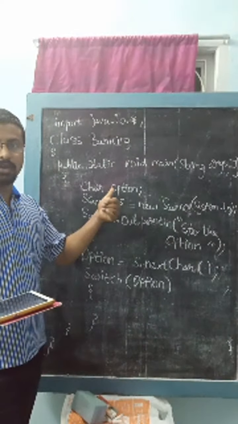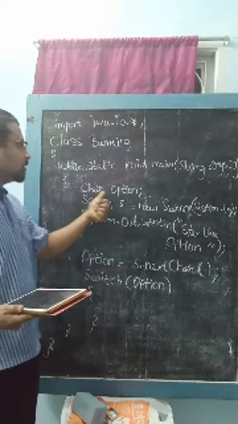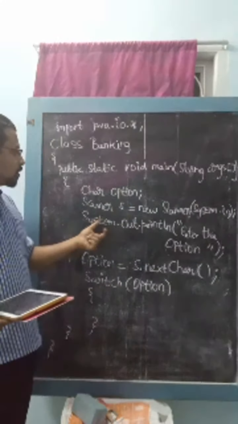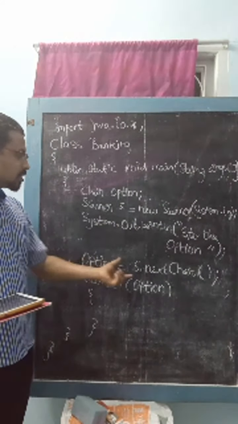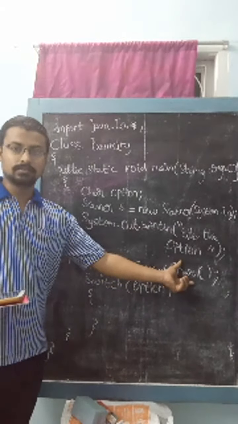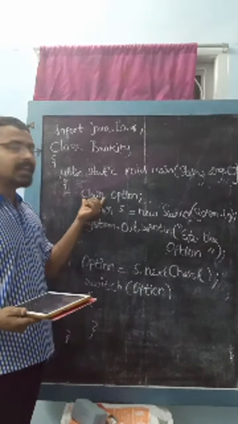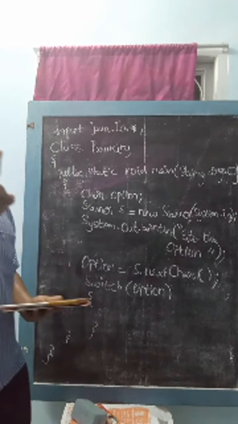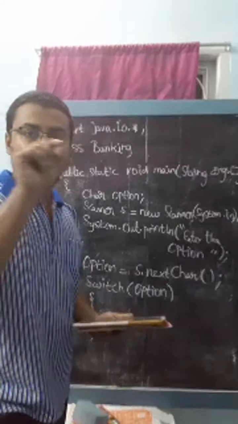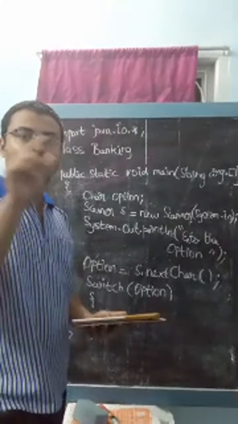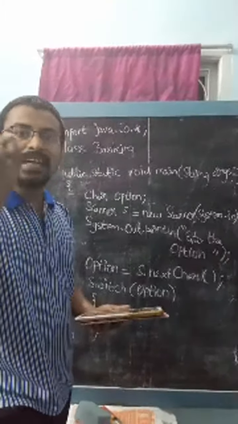It is your assignment, you just note it down. Integer option. You just get the value of option is equal to next integer. Switch option. Because it is an integer, case 1 you just write cout or printf, that is Monday.